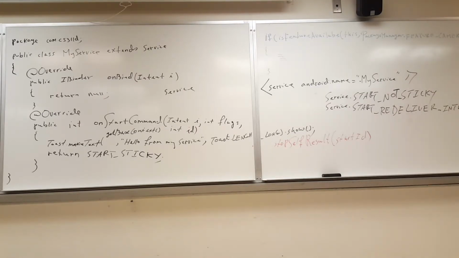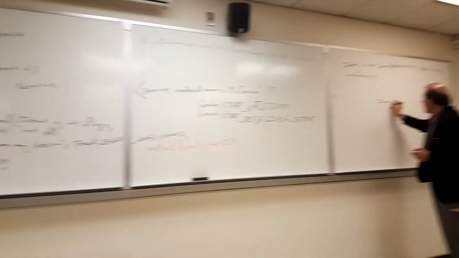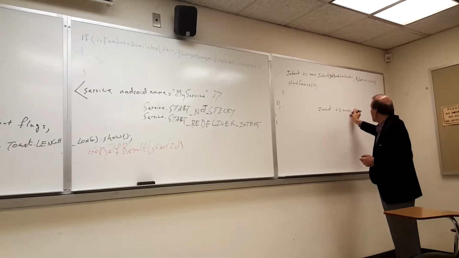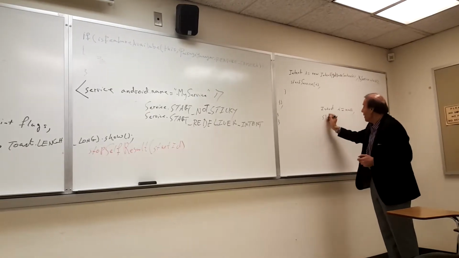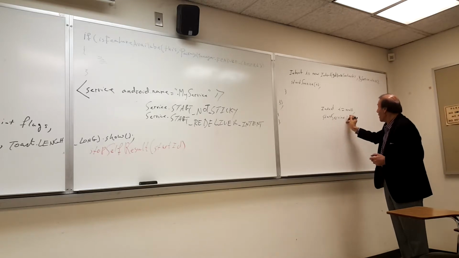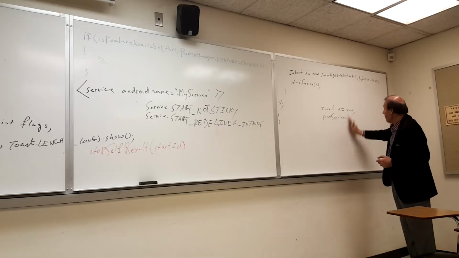If I want to start it again, this time I'm going to use intent I equal null. I'm going to show you a little bit later how to do that. And after that, start service item.